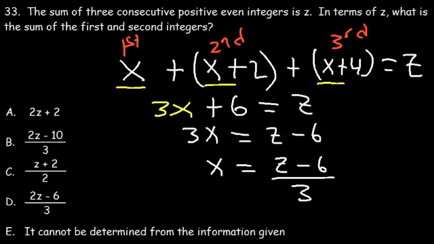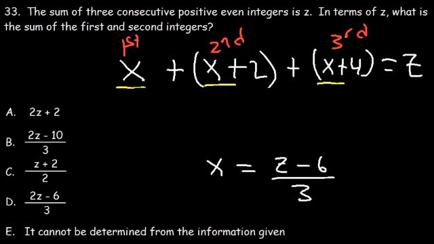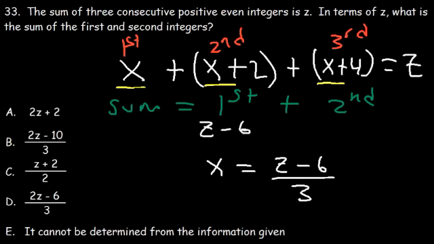So now let's save that answer. So now our goal is to find the sum of the first and the second integer. So the first integer, we know it's x, but in terms of z, we know that x is equivalent to z minus 6 over 3.